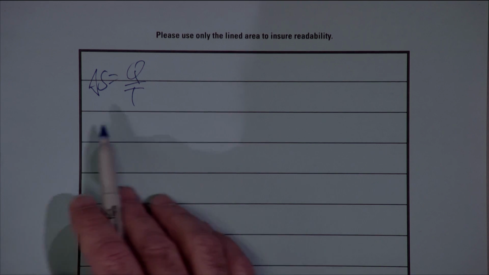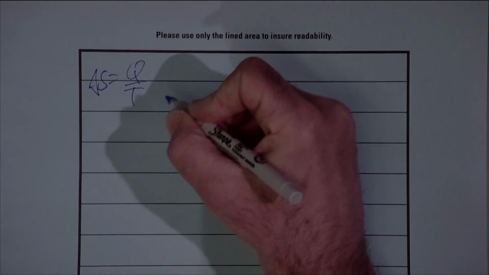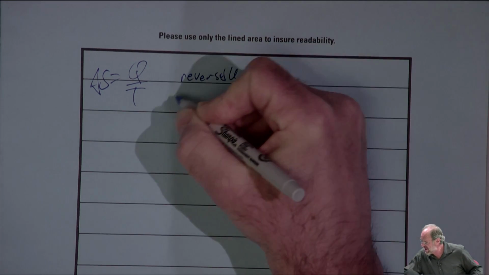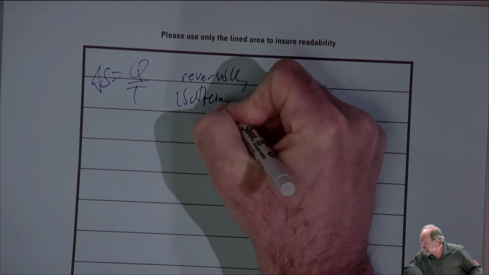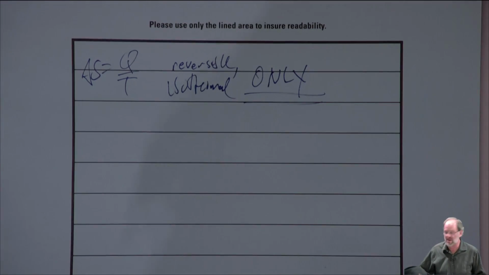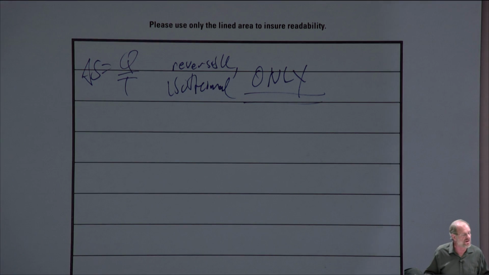You really only can use Q over T, again, if it's a process that's reversible and isothermal. Otherwise, you're just going to be using the data from the tables. So that was really the biggest error that I found. Those problems were generally short. Mostly they were very much like the first law problems we saw in chapters 4 and 5, but again, they talked about entropy here as well.